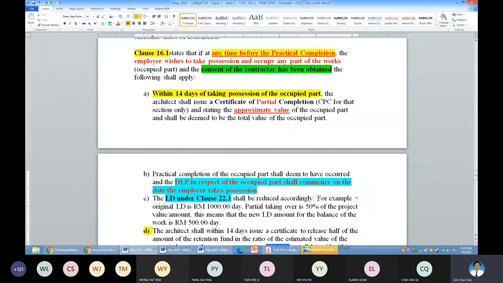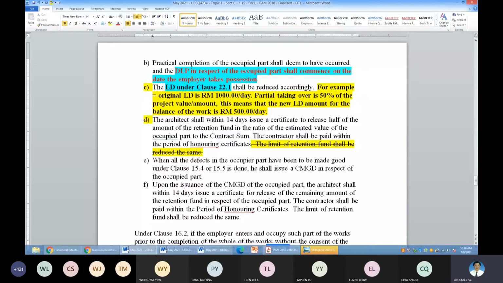I'll just give you an example here on how to operate this partial taking over. It will be reduced accordingly. Say, for example, original LD is 1,000 per day, then partial taking over is, let's say, 50% of the project value amount. So it means that the LD amount will be reduced by half. So for the balance of the work you can impose from that time onward, the LD amount is 500 for the balance of the work.